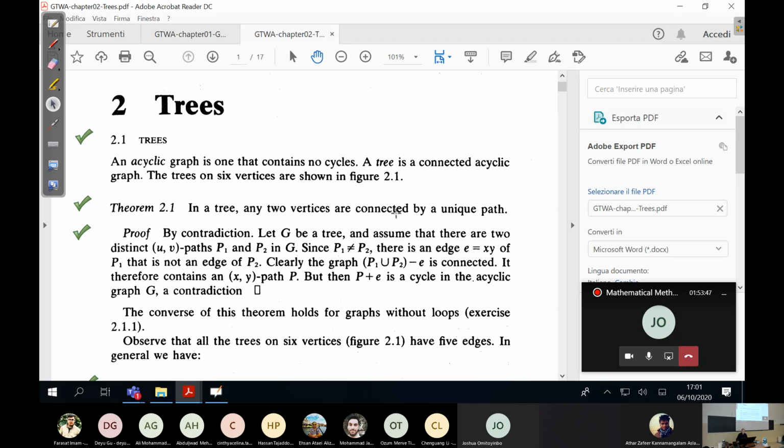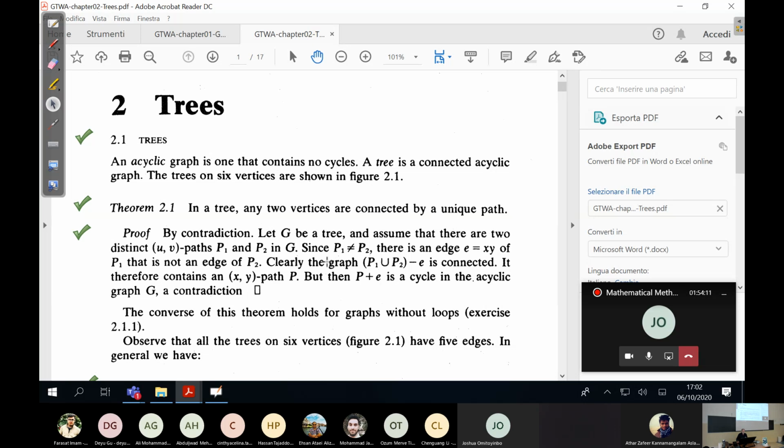Let's see the proof. The proof is by contradiction. We take a tree, but assume that there are two distinct UV paths, P1 and P2, meaning a path P1 connecting U to V, a path P2 connecting U to V, and they are different. What does it mean to be different?